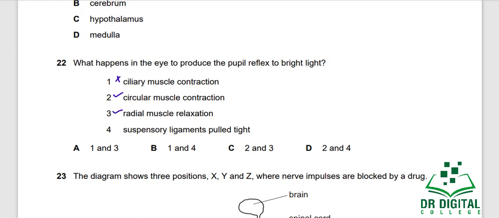Yes, because when bright light is there, we have to contract the circular muscles and relax the radial muscles so that the pupil will become small. Suspensory ligaments pulled tight. This is also related to the lens, not the pupil. So 4 is wrong. So 2 and 3 are correct, that is C. The correct answer for question 22 is C.